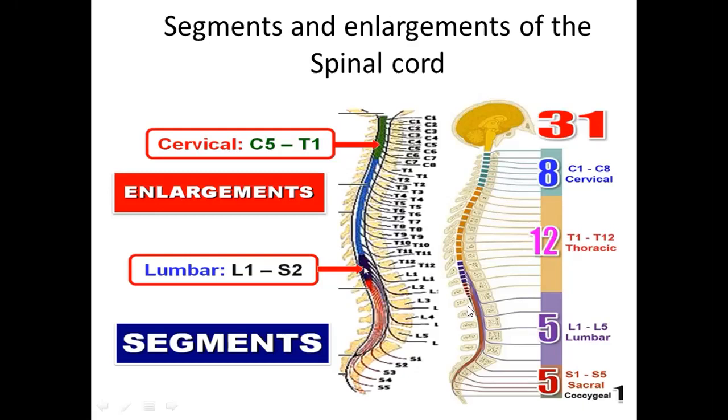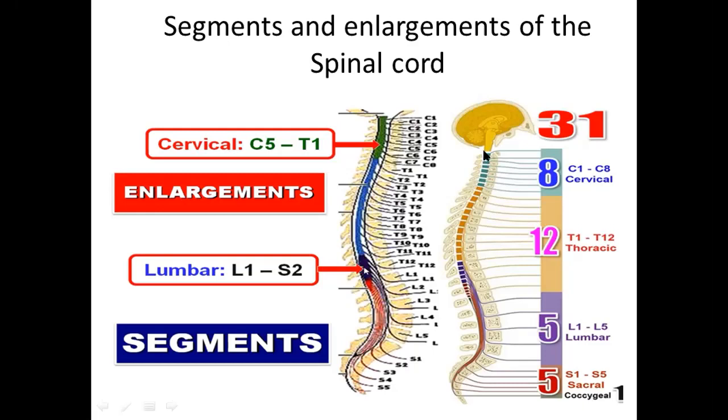In the sacral region, we find 5 sacral segments. And lastly, in the coccygeal region, we find 1 coccygeal segment. And as we said, these segments correspond to the spinal nerves. So the spinal cord segment is the part of the spinal cord which gives origin to only one pair of spinal nerves.